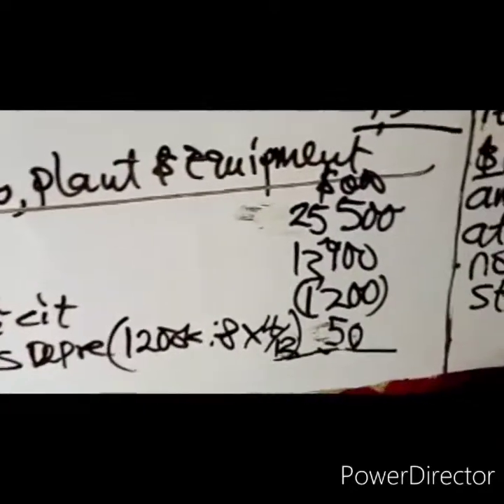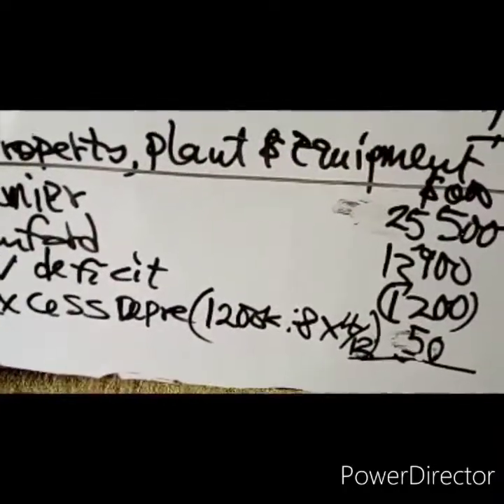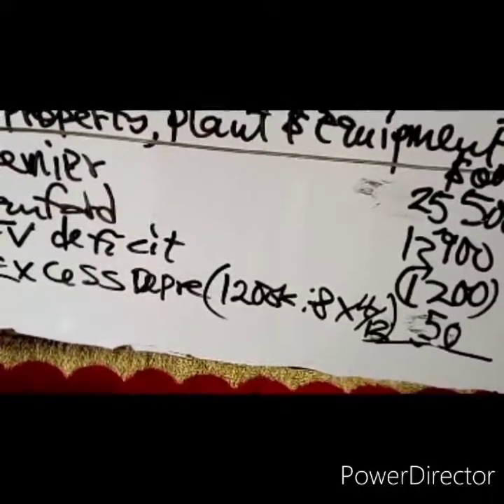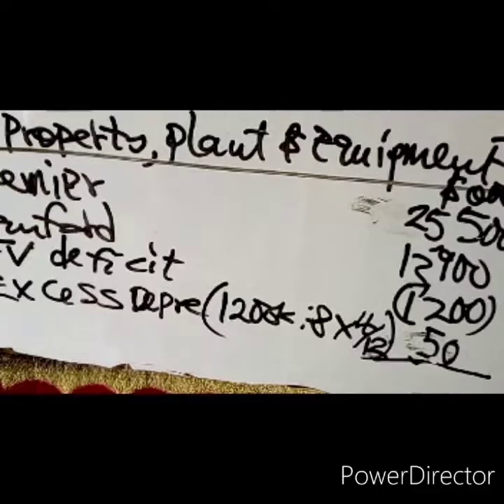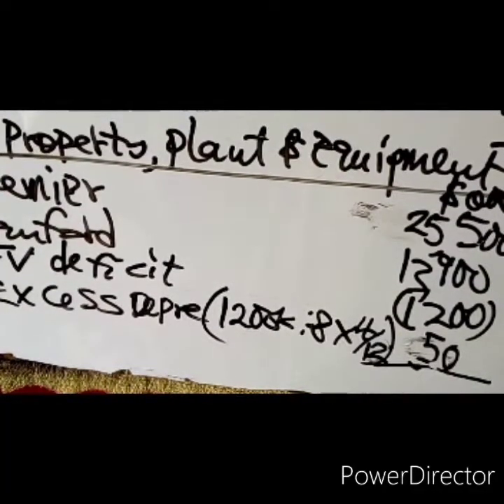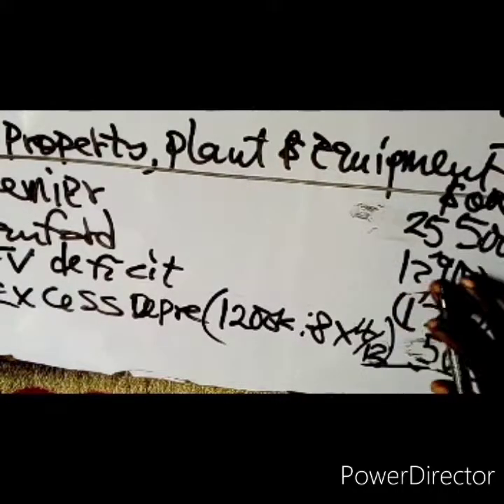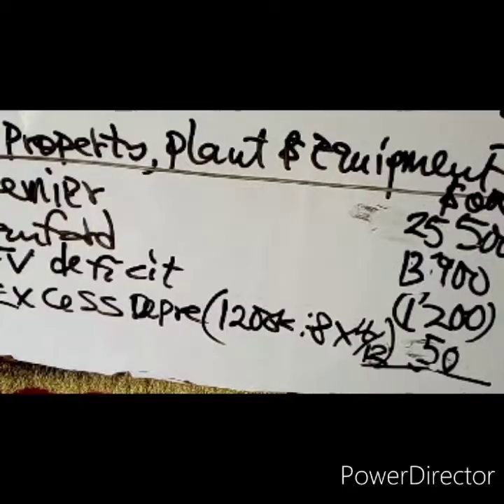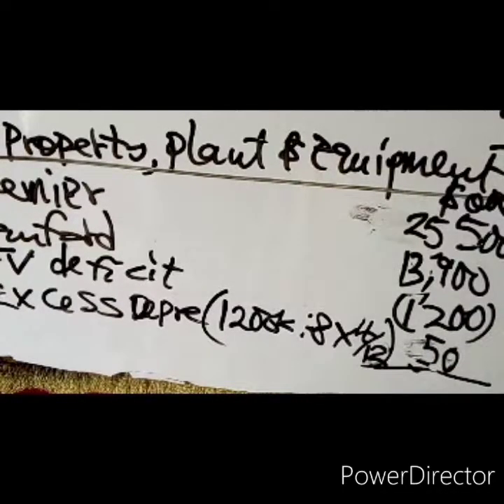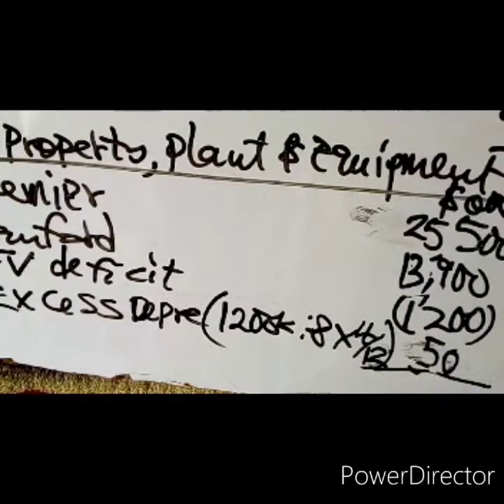So we now have 25.5 plus 13.9, this is 13.9 million, minus 1.2 plus the asset depreciation of 50.